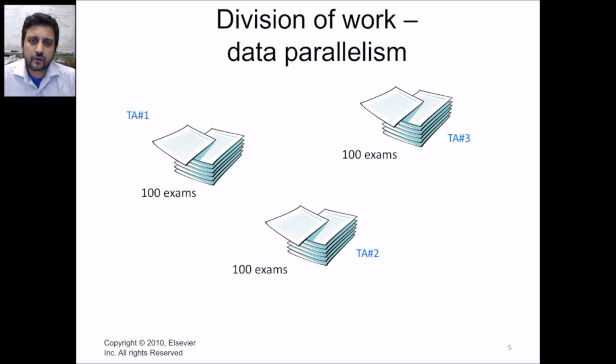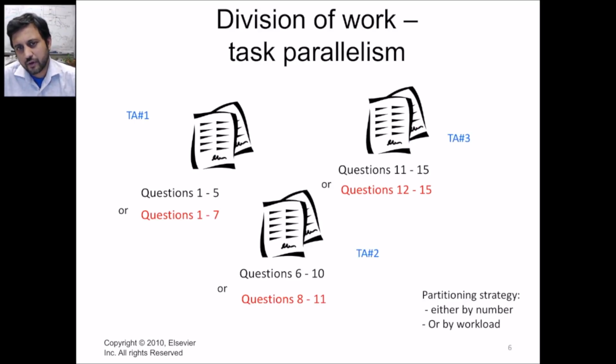So this is data parallelism. That's because the TAs are grading different exams, but they are performing the same task on each of those exams, which is to grade the entire exam. There is also another way of generating parallelism for the same grading task. That is to assign the 3 TAs different questions as opposed to different exams.